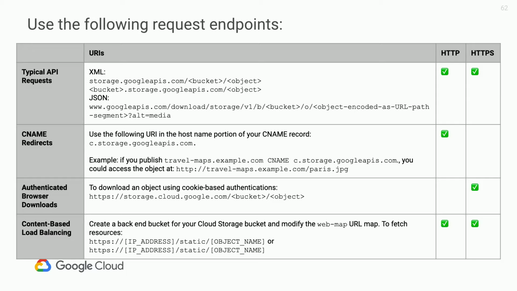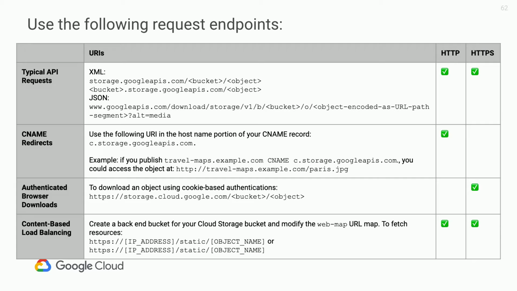The second option, we call it CNAME redirect. CNAME redirect is a special DNS request that lets you use a URL from your own domain to access a resource. For example, let's say your domain is example.com and you're selling travel maps and you want to publicly open this travel map to the world.